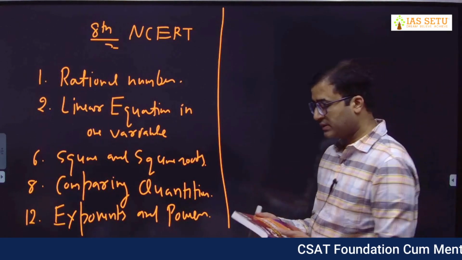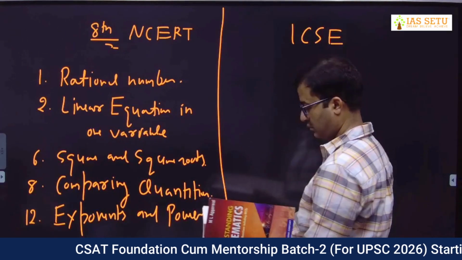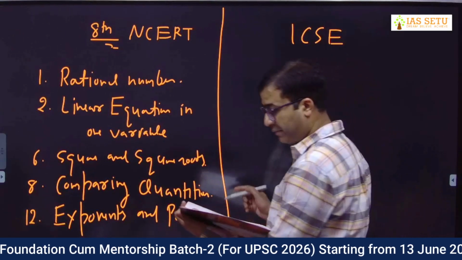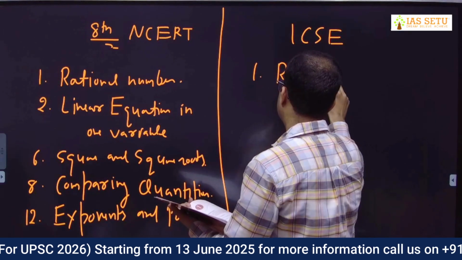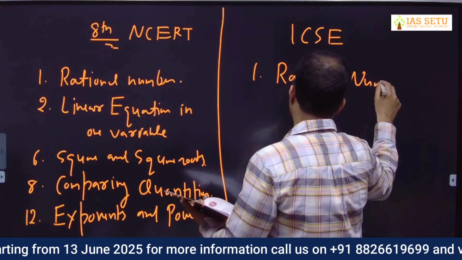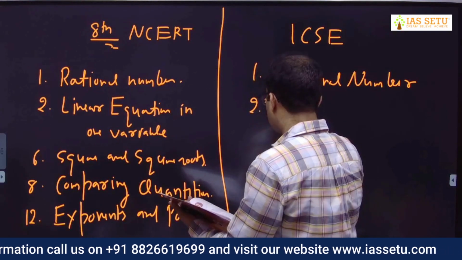Whereas in ICSE, chapter number 1, rational numbers. Chapter number 2, exponents and powers.